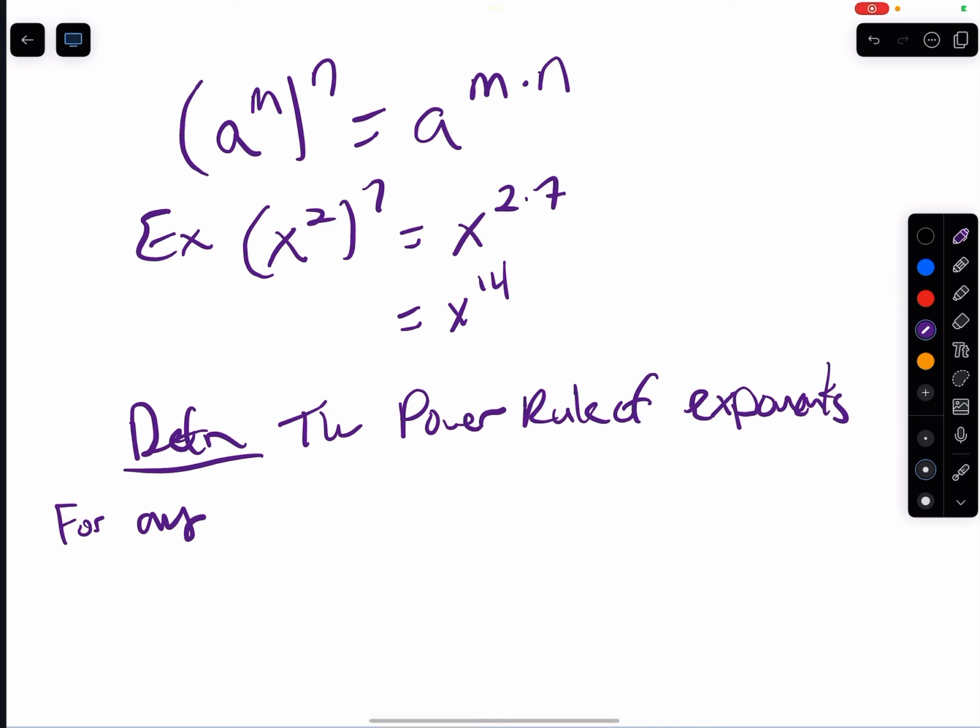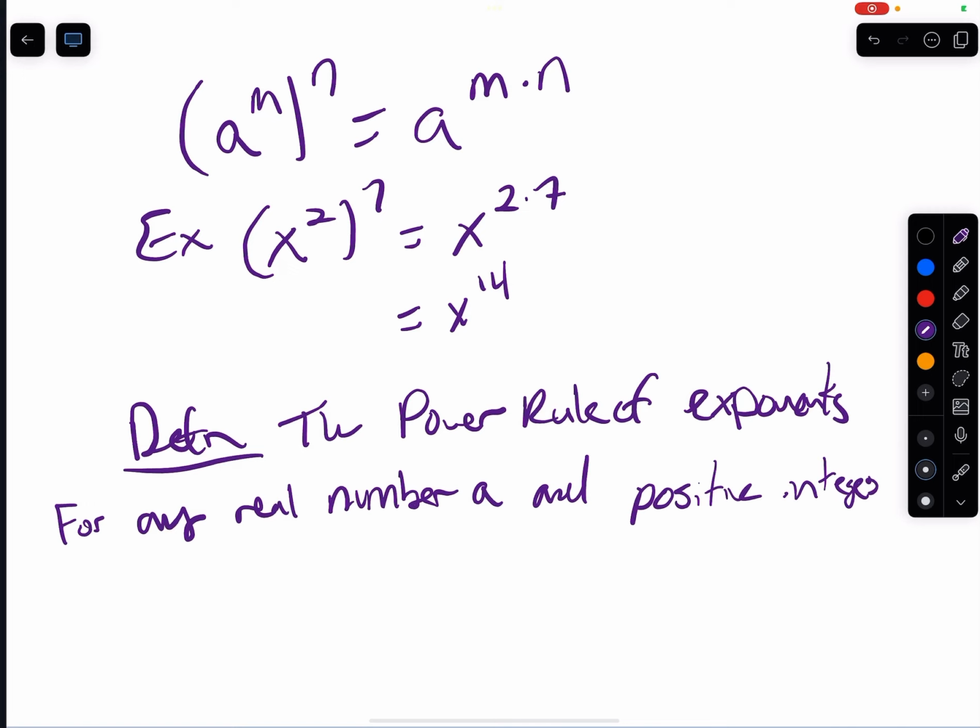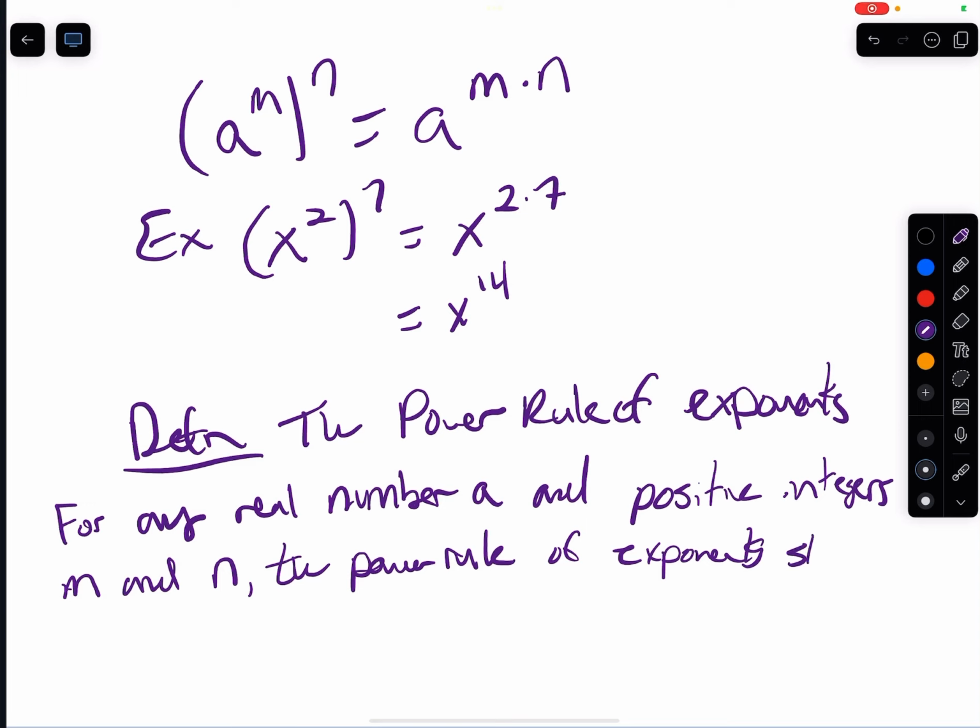For any real number a and positive integers m and n, the power rule of exponents states that a raised to the m power, and that quantity raised to the n power, is equal to a raised to the m times n power.